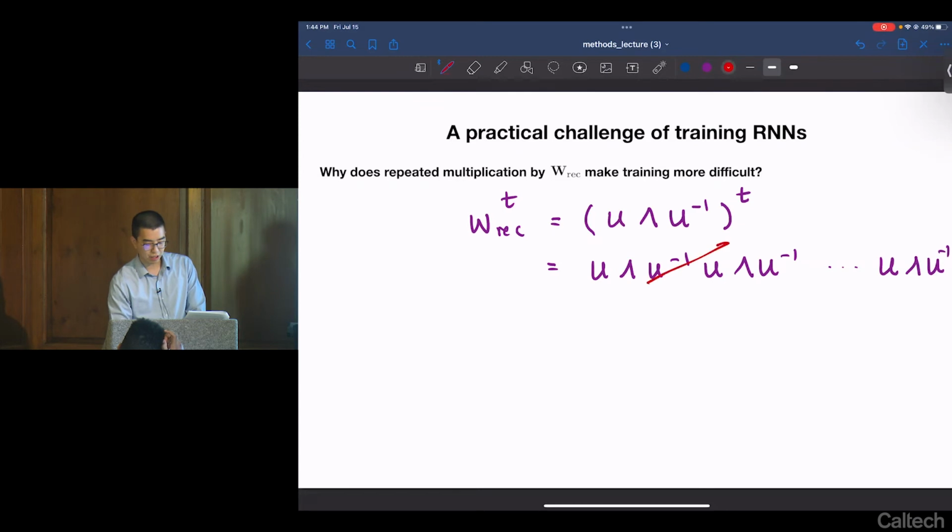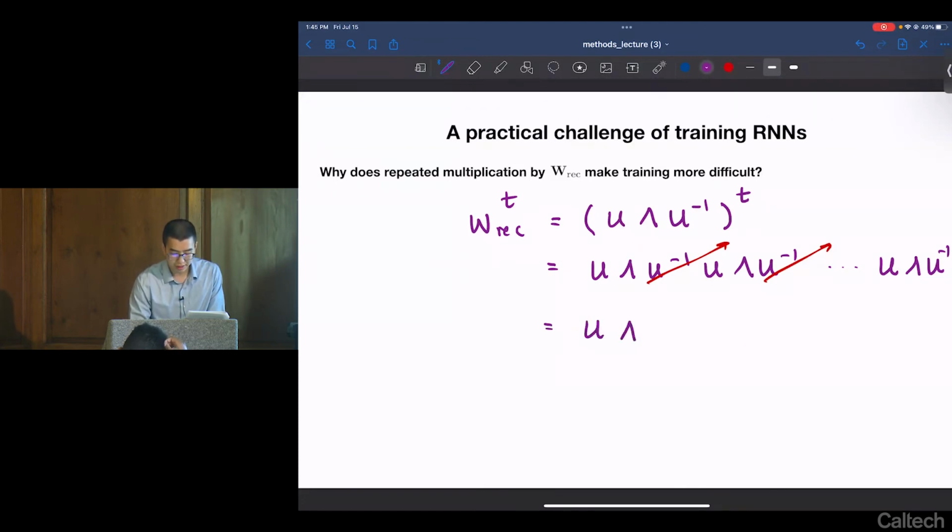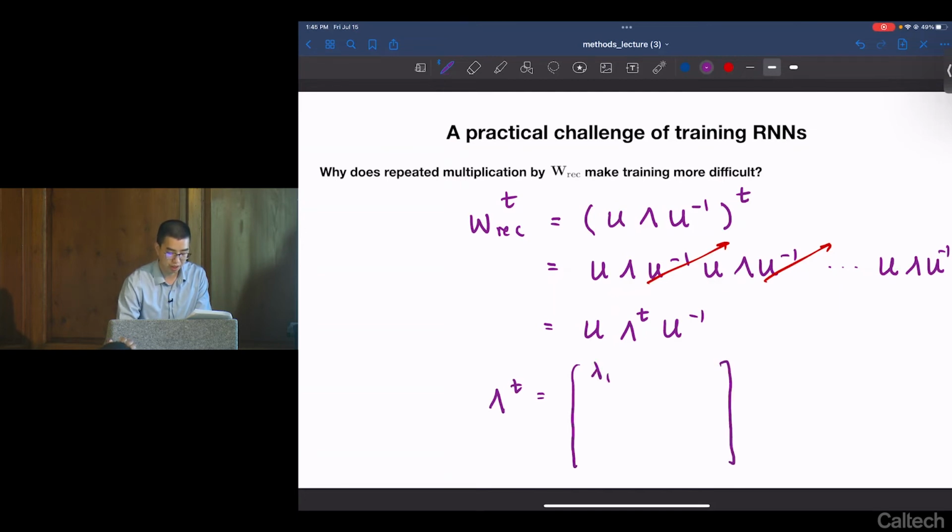What you'll notice is that all of these inner U inverse U's cancel out to give me identity. And this therefore simplifies to U lambda raised to the t U inverse, where lambda is my matrix of eigenvalues, lambda 1, lambda 2, to lambda big N, where big N is my number of artificial neurons, and each of these is raised to the t.